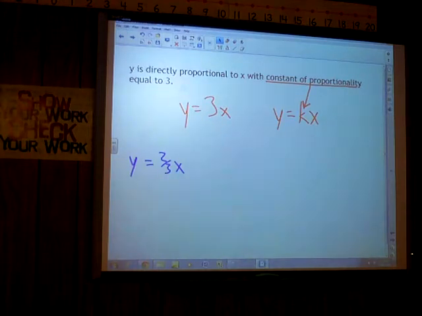Jacob's saying take 54 over 9, and that would make your constant of proportionality 6. You're saying take 9 over 54, so our constant of proportionality would be 1/6. What do you think, Kaya? 9/54, okay?